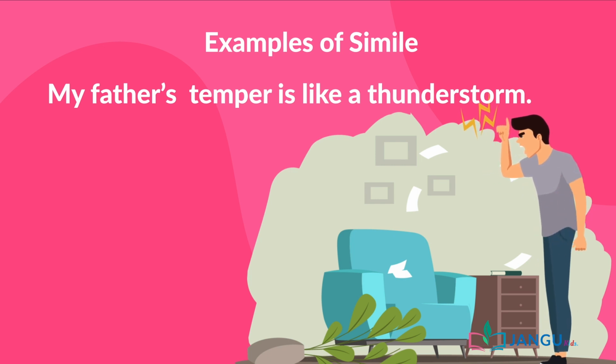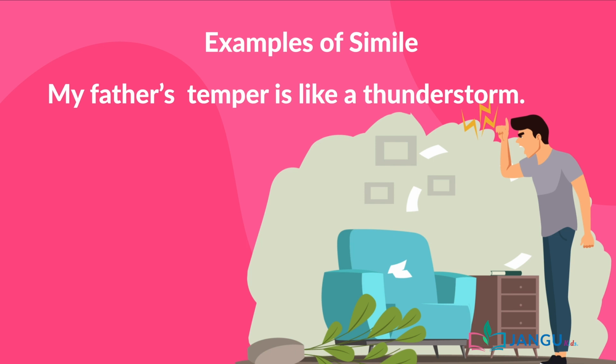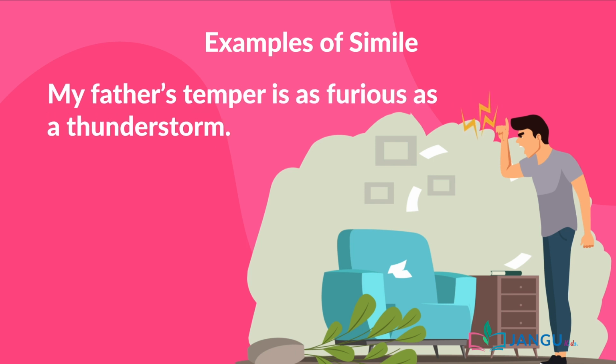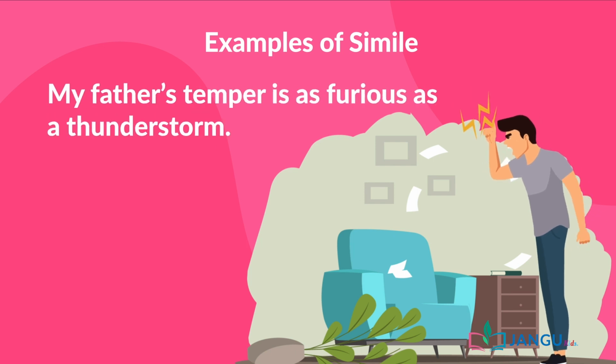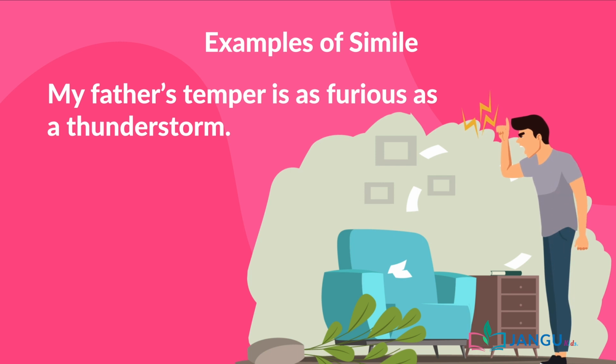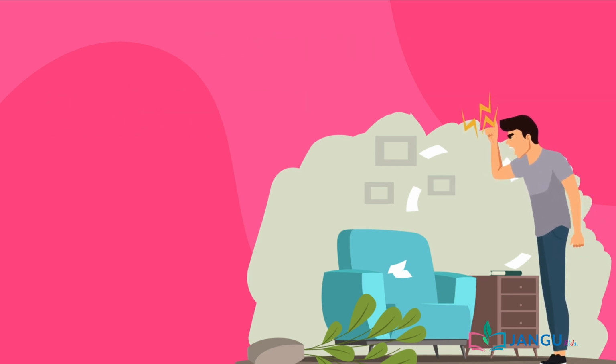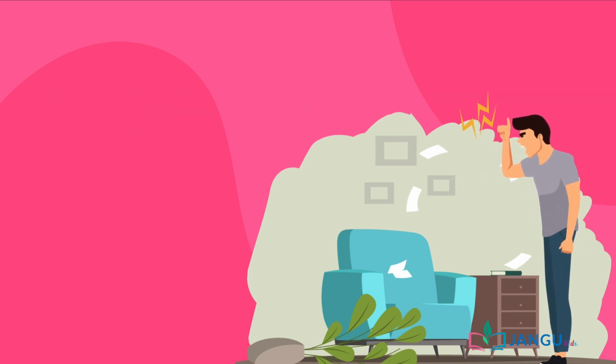You can also form similes using the word as, like saying, "My father's temper is as furious as a thunderstorm." Now this simile simply means my father's temper can be as serious as a thunderstorm.